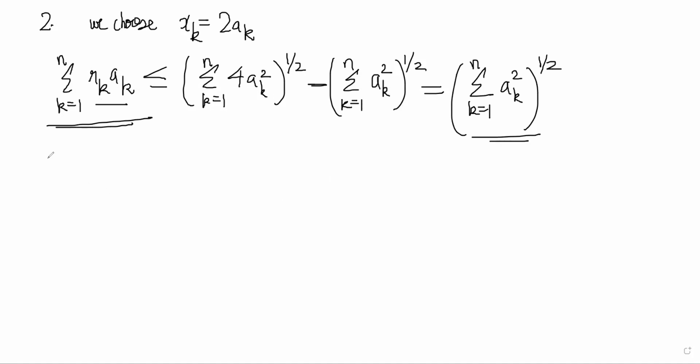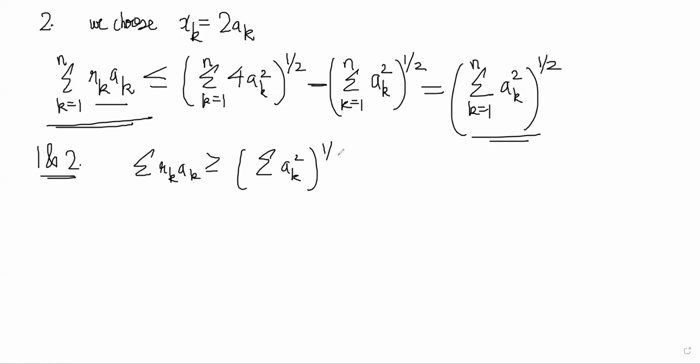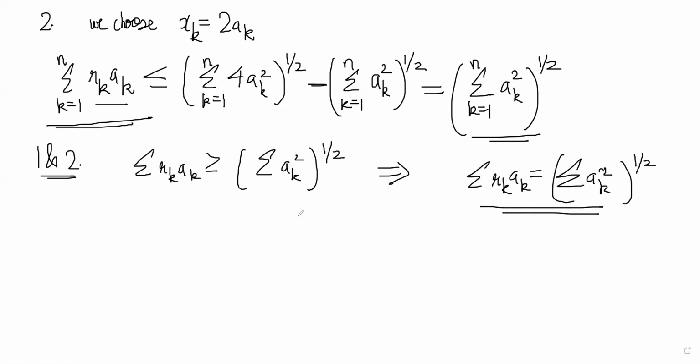Okay. So from 1 and 2. Remember the first condition, we are getting summation rk ak is greater than equal to summation ak square power half. Now we are getting it is less than equal to. So that implies actually summation rk ak must be equal to summation ak square power half, because you are getting less than equal to also and greater than equal to also. But once we establish this, we can write Cauchy for this, right?